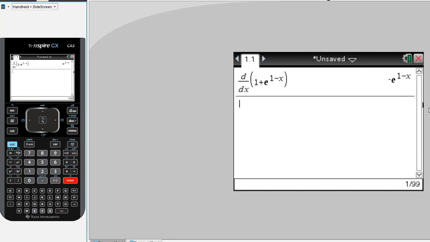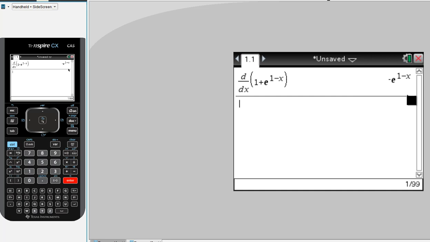One very important thing that we have to remember about the exponential function is that e to the power of any value is always a positive number. So this part without the minus sign is always positive. If this part is always positive and we have a minus sign in front of it, the whole thing will always be negative.